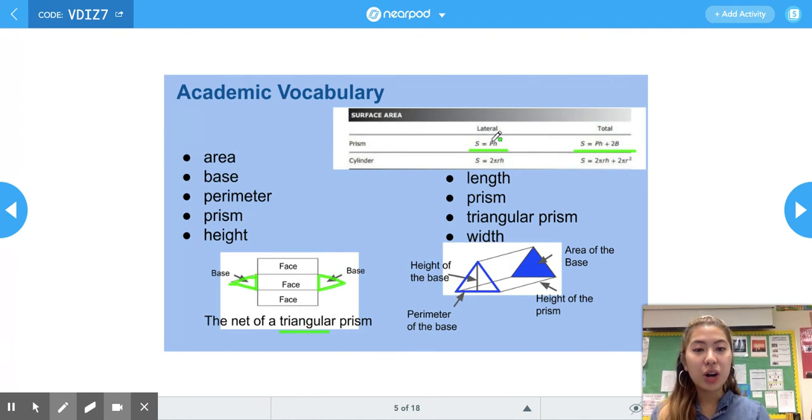And so when we find the perimeter of the base, we're finding the perimeter of the triangle. When we're finding the area of the base, we're finding the area of a triangle. So the area of a triangle formula is going to be half times base times height.